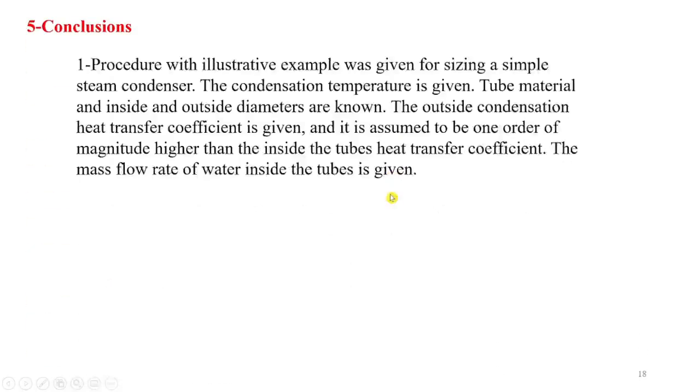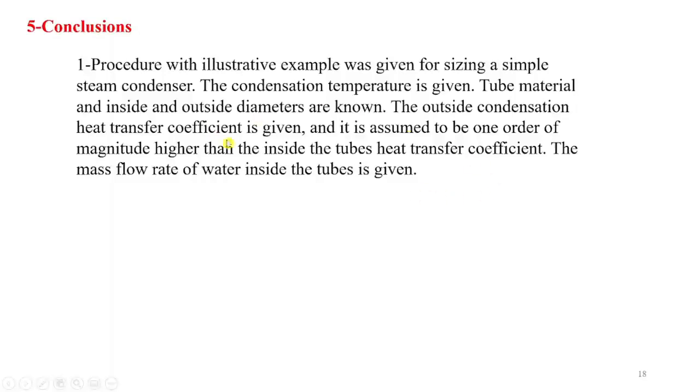Now, to conclude, for this particular example or problem that we solved, we can say that the problem is much simpler than gas to gas sizing of a heat exchanger. Here we just have condensation on one side, and on the other side a flow of water inside the tube.